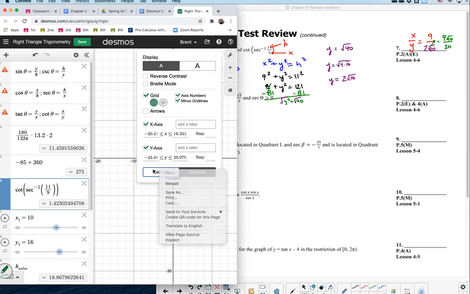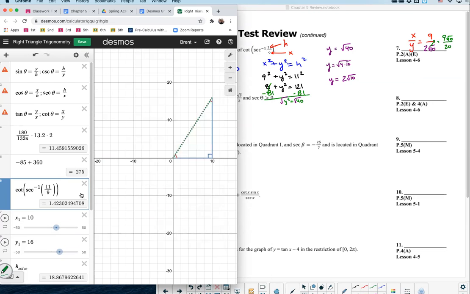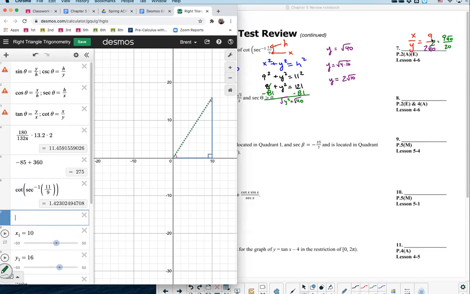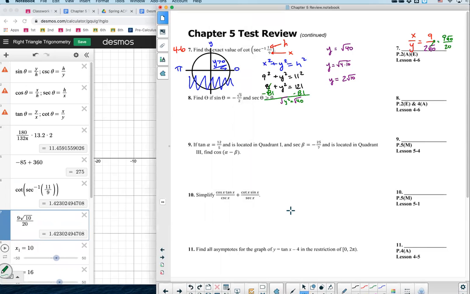I don't know if it matters, but put it in radians. Unfortunately, it's not giving it to me as a fraction. Oh, that's because of the square root. What am I thinking? Okay, so let's test our answer. 9 times the square root of 10 divided by 20. Looks like we did our good math. Answers match up. So we did that correctly.